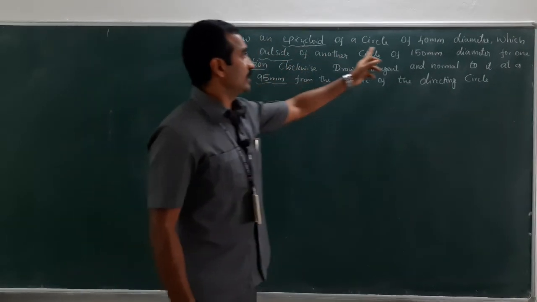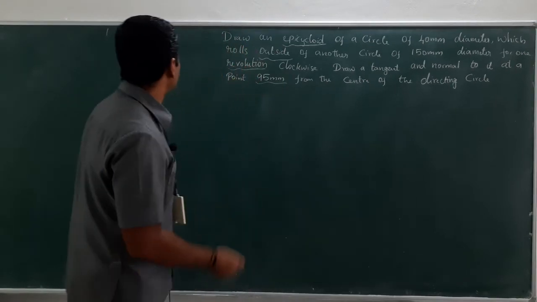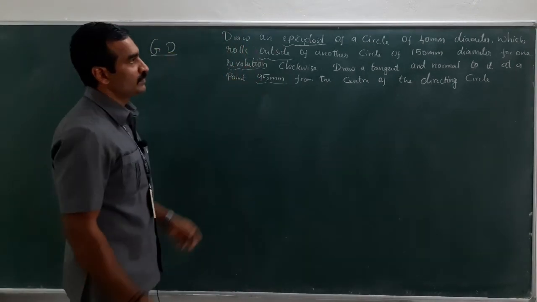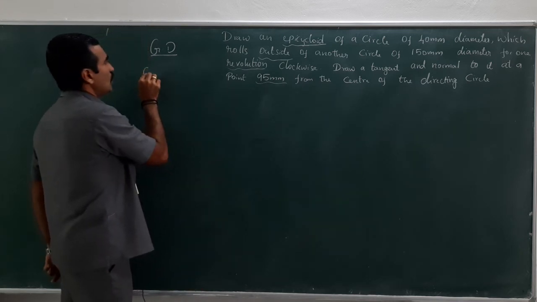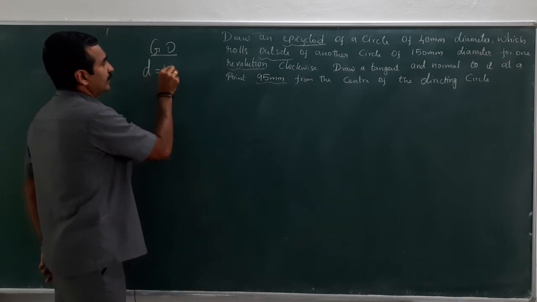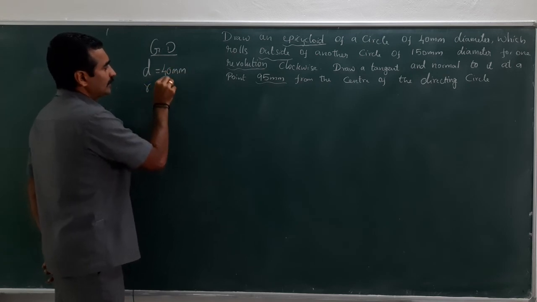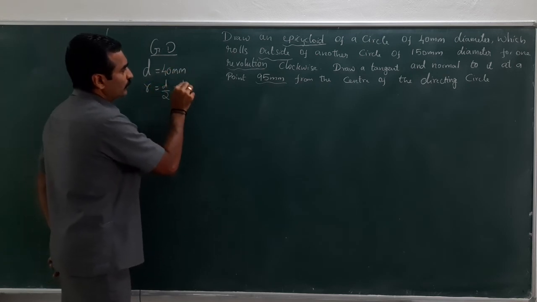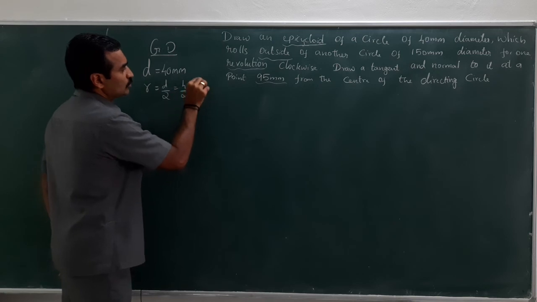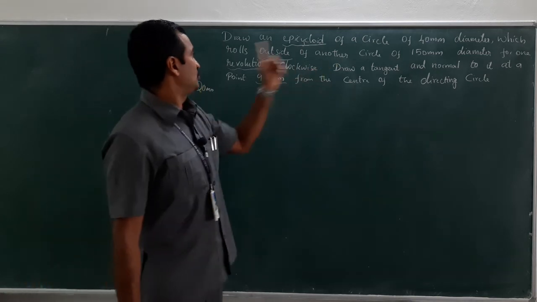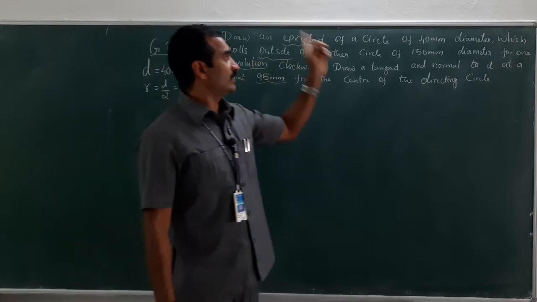Draw an epicycloid of a circle 40 mm diameter. So, given data: the diameter small d is 40 mm. Therefore, r is equal to d by 2, 40 by 2, which is 20 mm, which rolls outside of another circle.